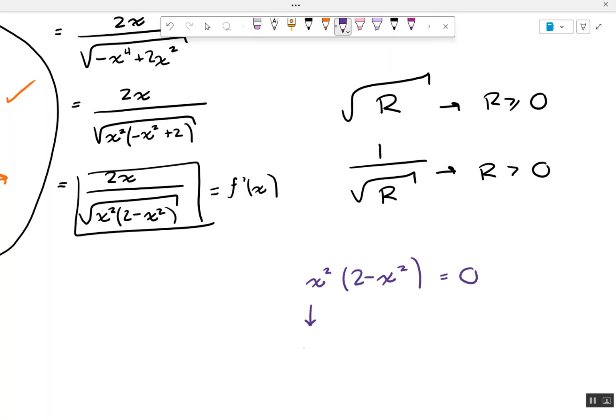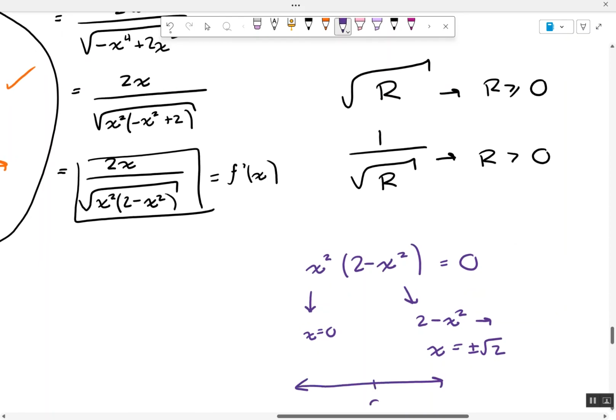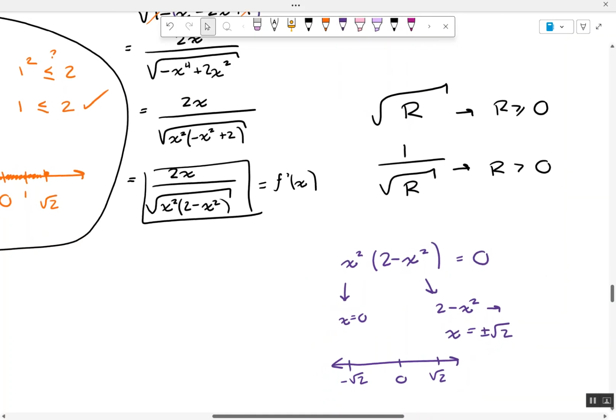So then this guy gives me x is 0, and this one tells me that x is plus or minus square root of 2. So we can do the same thing as before. We have 0, root 2, negative root 2. And then we can just check in each of these intervals where the function will be positive.